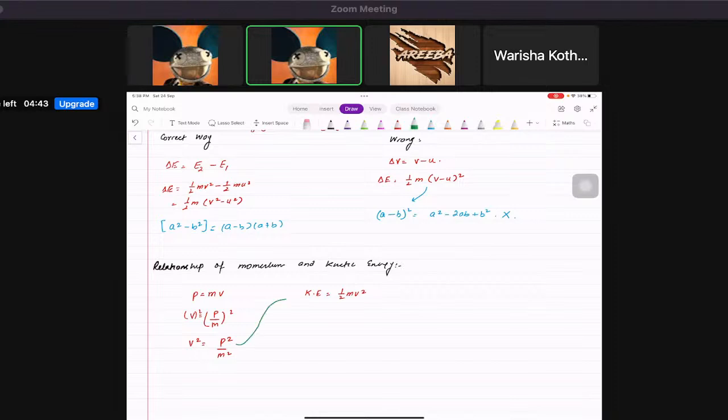Kinetic energy equals half m, and instead of v square, just write p square over m square. Now m and m square will cancel out, so it will leave us with kinetic energy being only p square over 2m, and that's the relationship between these two. Will you guys remember this?